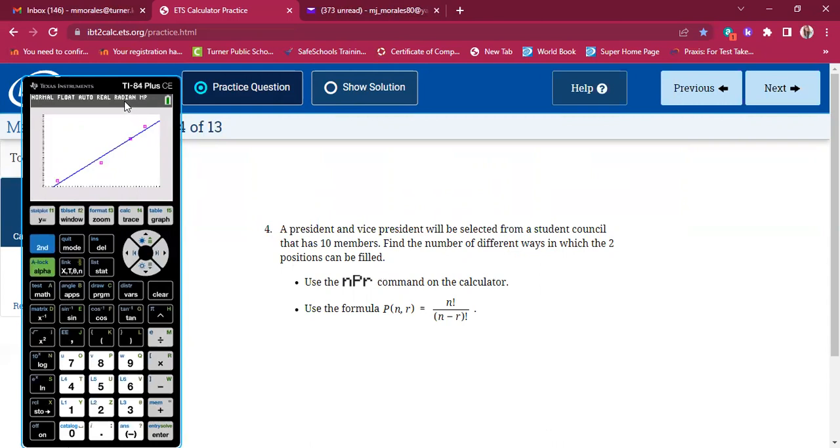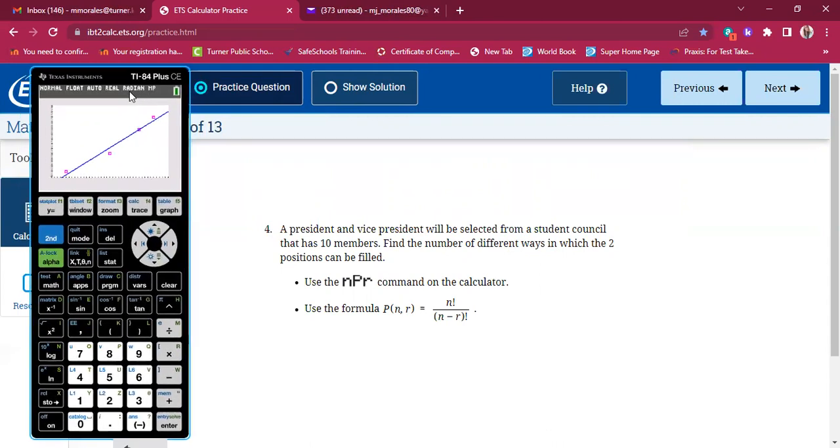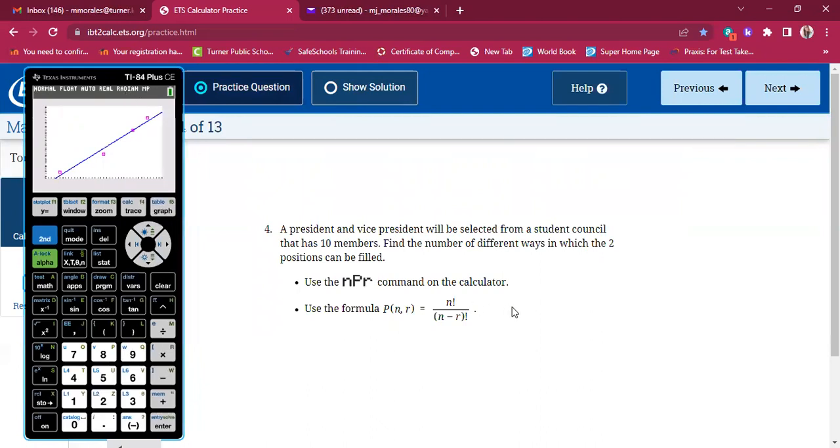So there is a formula for permutation, but if you are in a hurry, especially if you're taking the Praxis exam, since you can use your calculator, you do not need to solve this one. Just make use of your calculator, enter everything in your calculator, and boom, the answer is there.